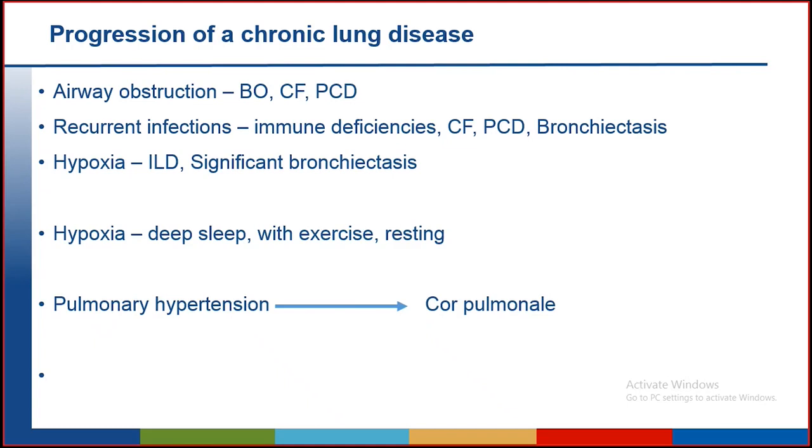So the clinical manifestation is gradual avoidance of physical exercise or physical activities, or a reduction in the degree of exercise. And then in the final stages, they show resting hypoxia, and even at rest they show significant breathing difficulty.